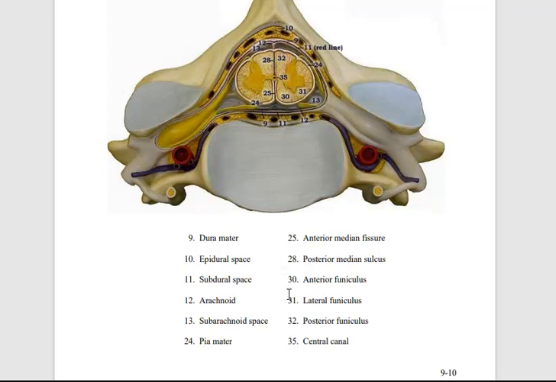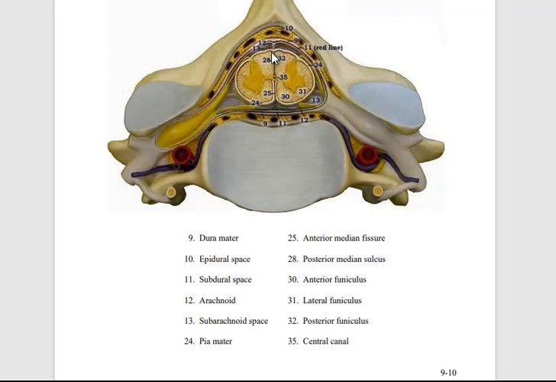So we've done all of these except for the posterior median sulcus right there. The sulcus is not deep. Look at that. That fissure right there is deep, and the pia mater goes in. And here the pia mater does not go in. It just kind of dips in.